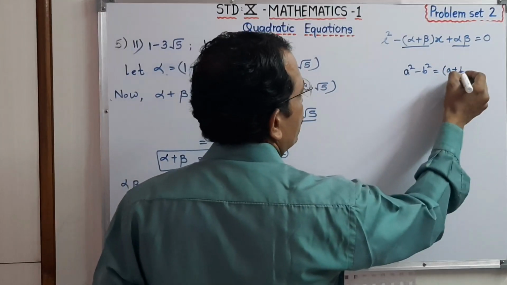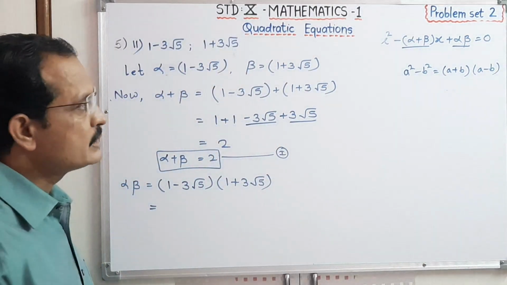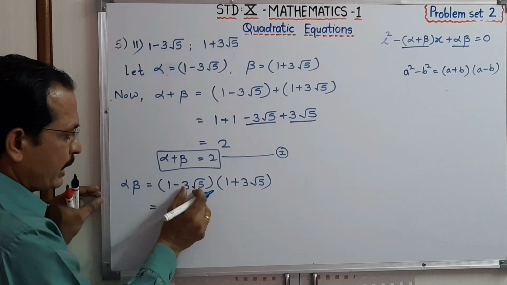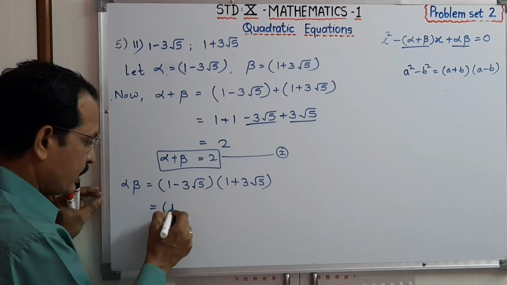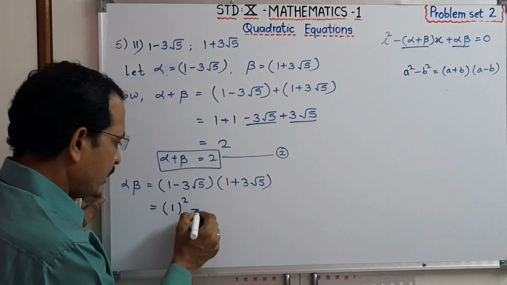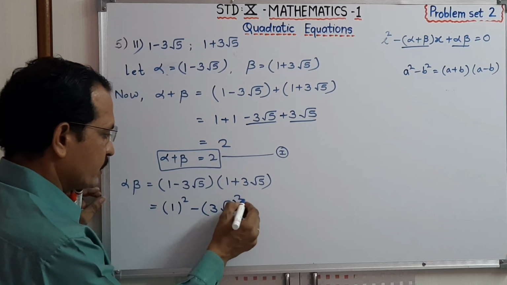In the first bracket we write a plus b and here it is 1 minus b. Same way a plus b and a minus b. This is a minus b and here a plus b. Therefore we can write here a square, that is square of 1, then minus b, that is 3 root 5 bracket square.